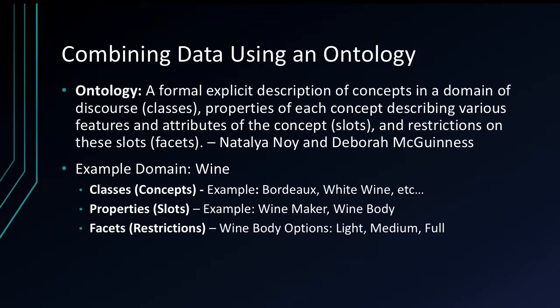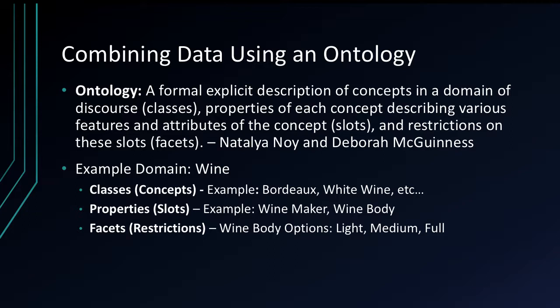And Stanford researchers Natalia Noy and Deborah McGuinness define an ontology like this. They say an ontology is a formal, explicit description of concepts in a domain of discourse. And these concepts are also called classes. That's the first part of an ontology.